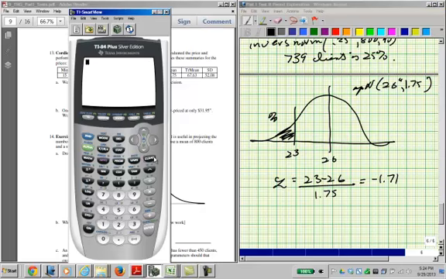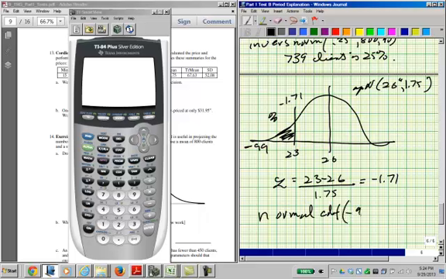So now we'll do normal CDF. And we're going to do from negative 99 to the z-score, negative 1.71. That's a z-score that corresponds to a concrete thickness of 23.